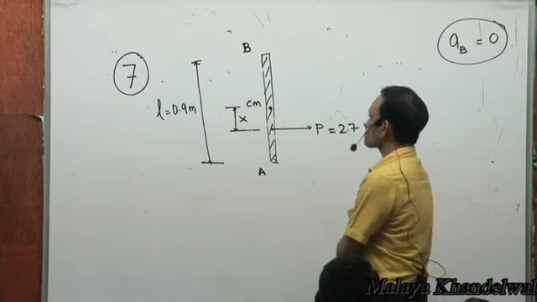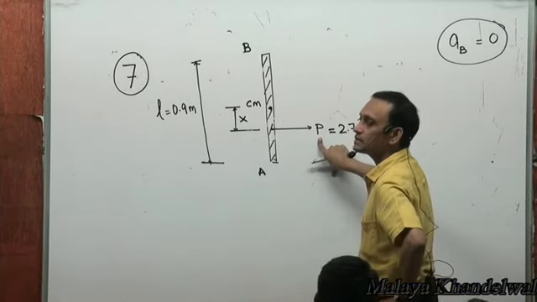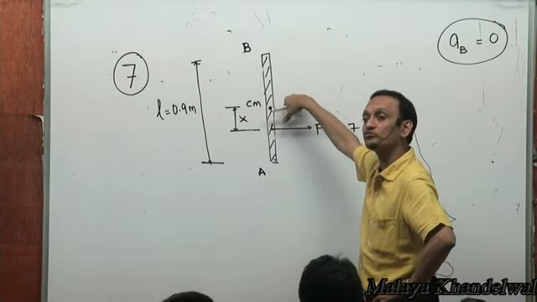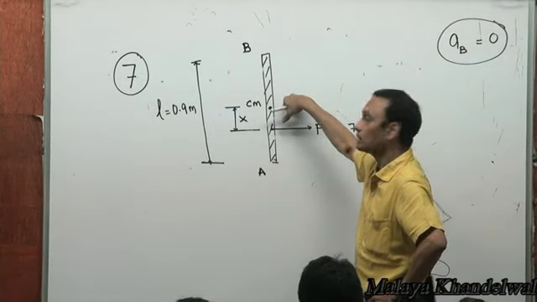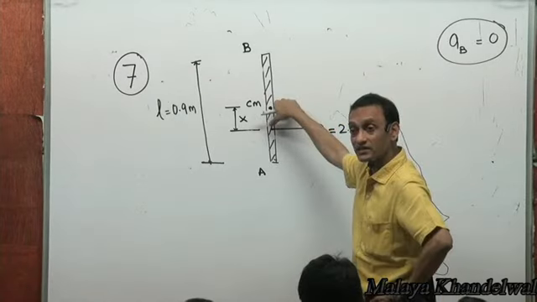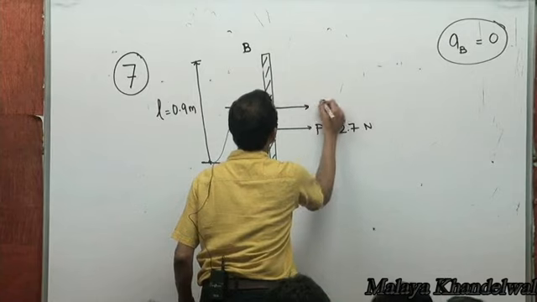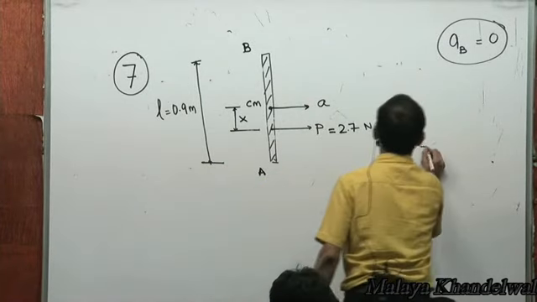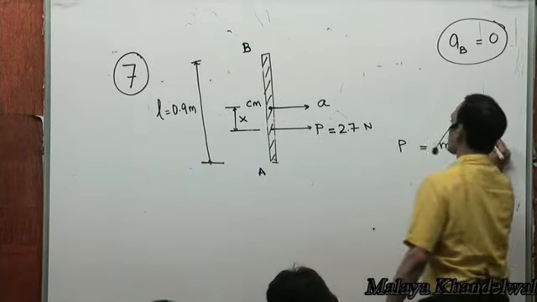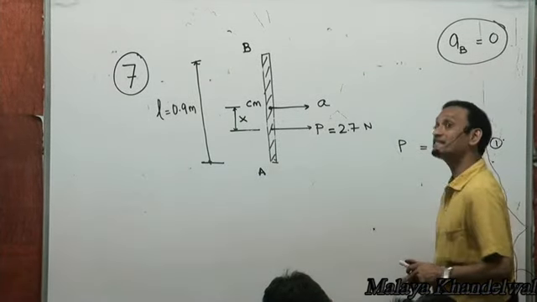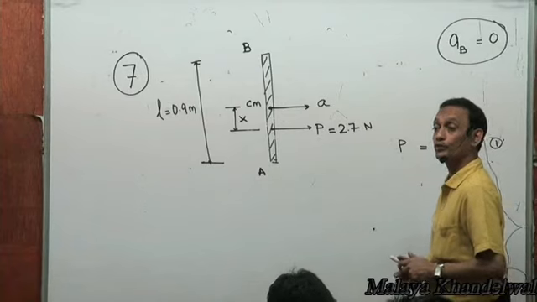Okay. First of all, how does this P manifest itself in terms of the center of mass? P must be mass into acceleration of the center of mass. Yes or no? So if the acceleration of the center of mass is A, then P must be m into A. Now, what else does this P do to the rod?